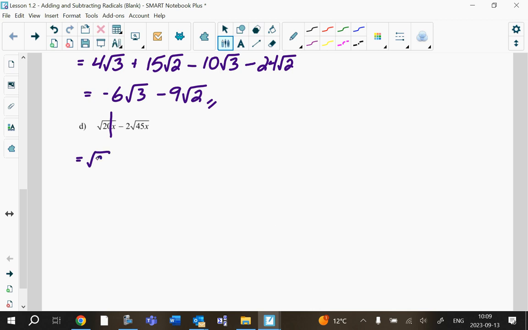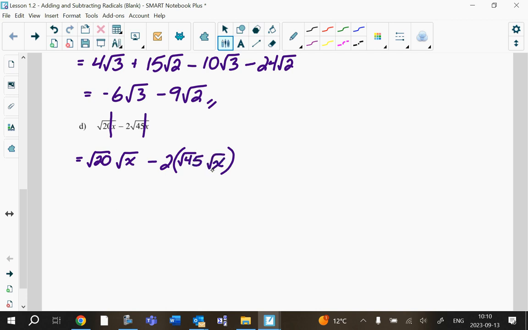Root 20 times root x, minus 2 times split, root 45 times root x.